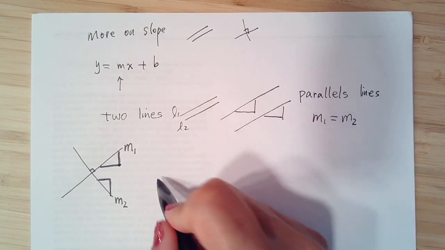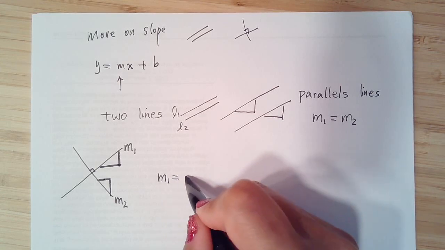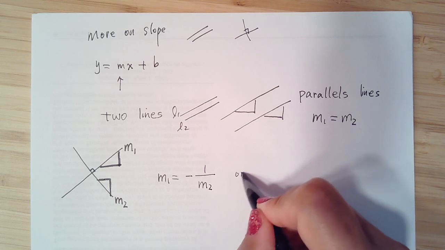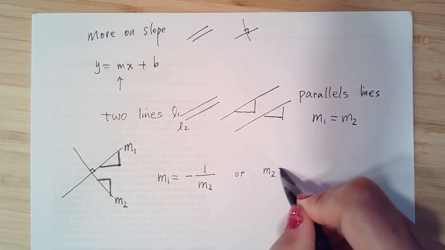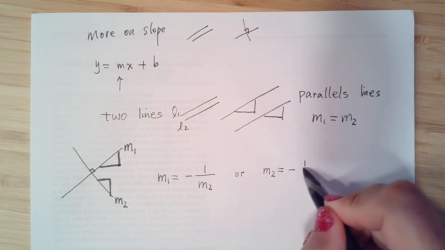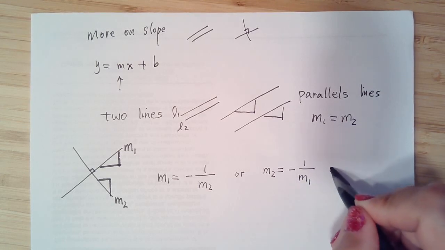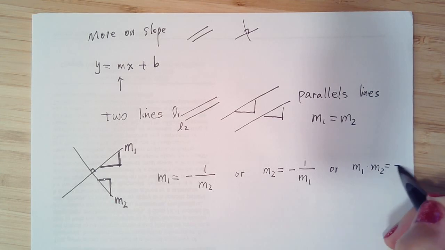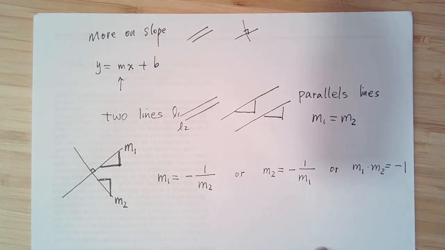You see that? So therefore, m1 should be the negative reciprocal of m2, or m2 equals negative 1 over m1, or m1 times m2 equals negative 1. All three say the same thing. The easy way to remember is that for two perpendicular lines, their slopes are the negative reciprocal of each other.